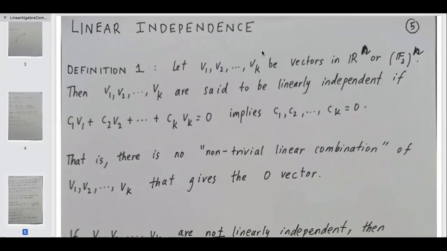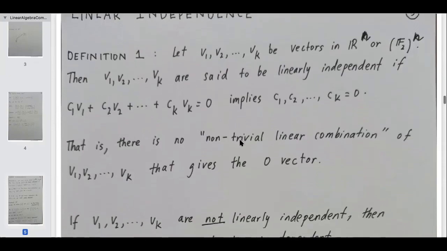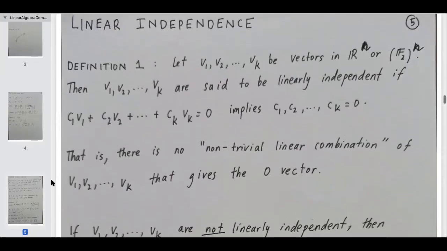So these could be vectors in either the vector space R^n or F2^n. Then v1, v2, ..., vk are said to be linearly independent if, for a linear combination c1 v1 plus c2 v2 plus ... plus ck vk equal to 0, it must be that c1, c2, ..., ck are all 0. In other words, there is no non-trivial linear combination of v1, v2, ..., vk that gives the 0 vector.